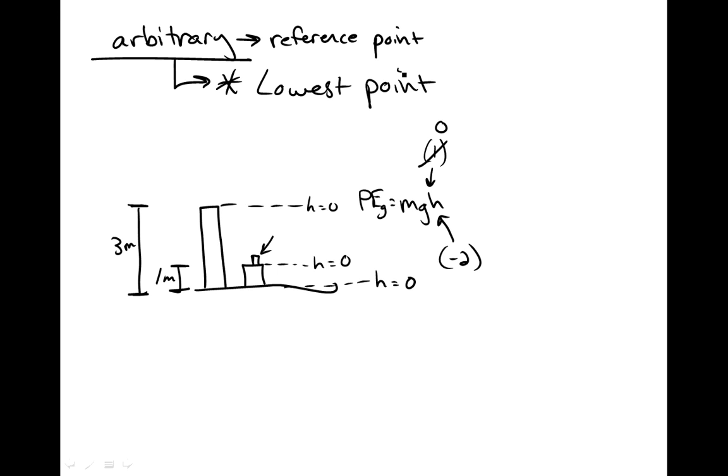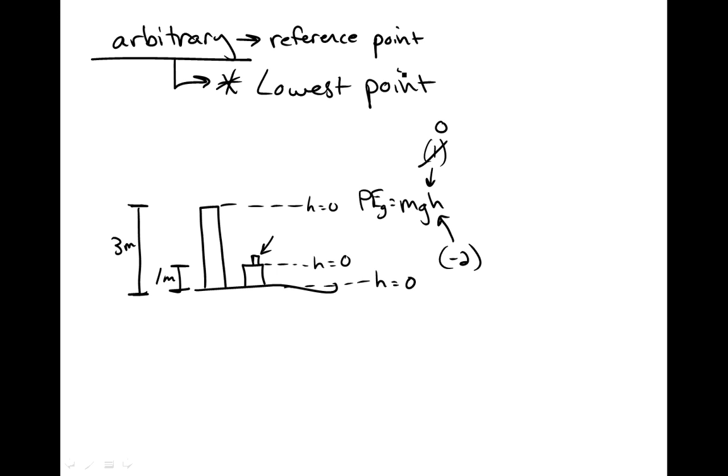If I look at number 3, let's read that last line carefully. It says, find the gravitational potential energy associated with the child relative to the child's lowest position. So where does height equal 0 then? At the bottom of the swing. At the lowest part of the swing. That's what they're suggesting. In this case, they tell you.